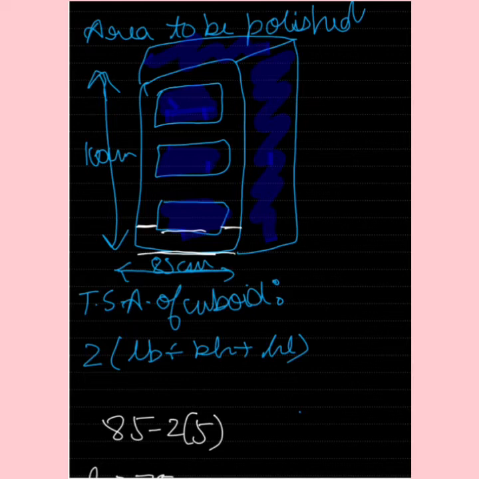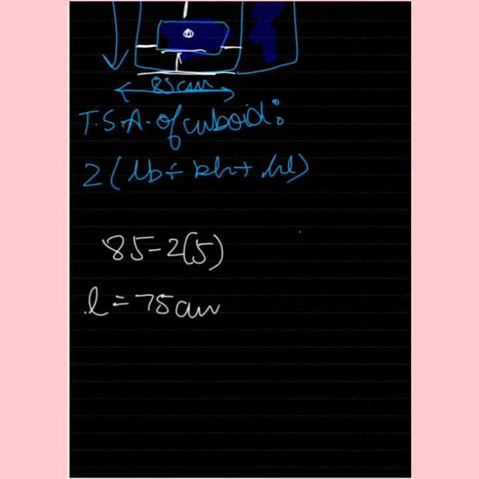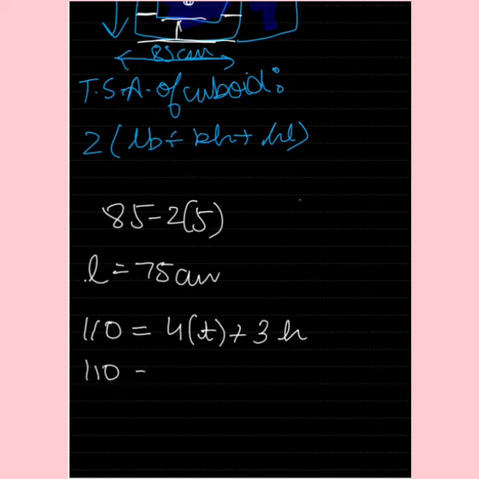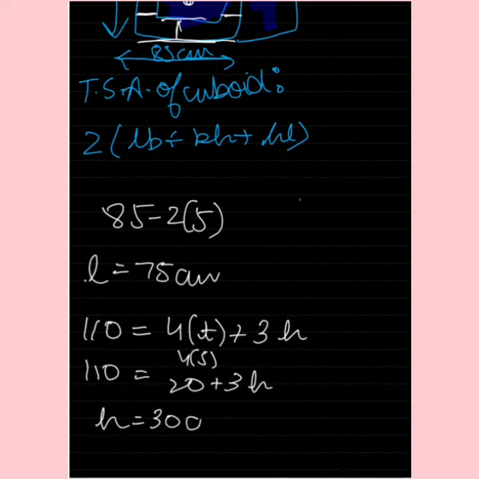So height 1 plus height 2 plus height 3, including 4 times of thickness. See, thickness 1, 2, 3 and 4. Therefore the total height, that is 110 centimeter, will be 4 times of thickness plus 3 times the height of the drawer. So 110, thickness provided is 5, therefore 4 into 5, that is 20, plus thrice of height. Now height is equal to 30 centimeter.